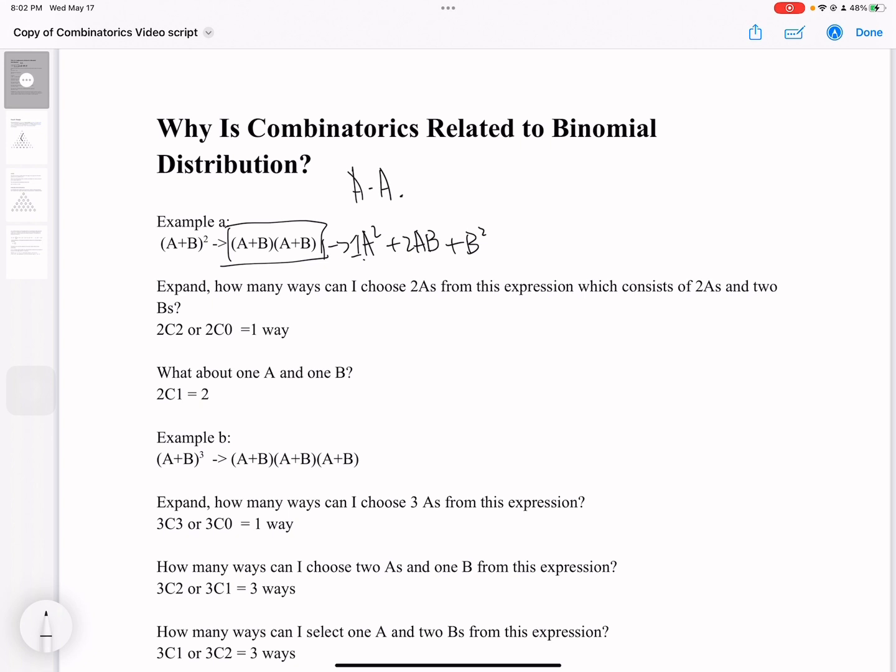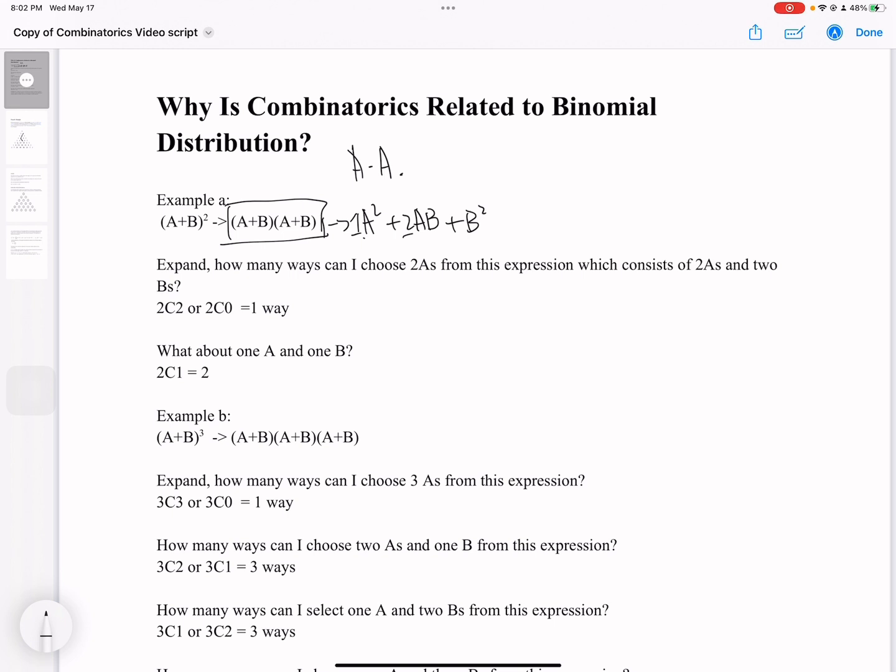Because I have two ways to choose 1 a and 1 b, the coefficient before the term ab should be 2. And because I only have one way to choose 2 b's, the coefficient in front of the term b squared should be 1 as well.